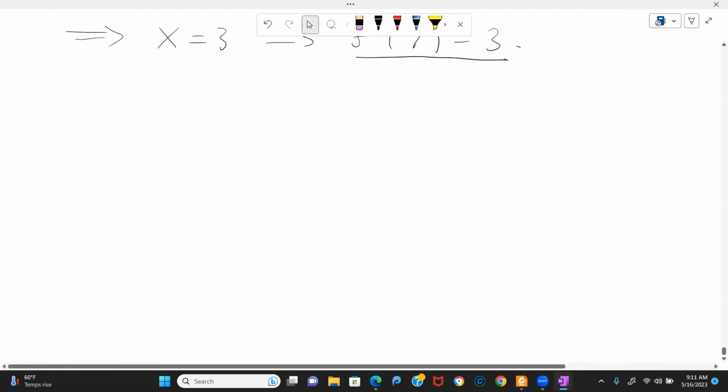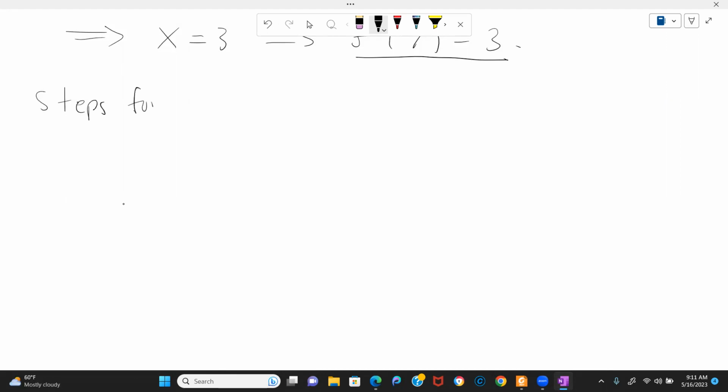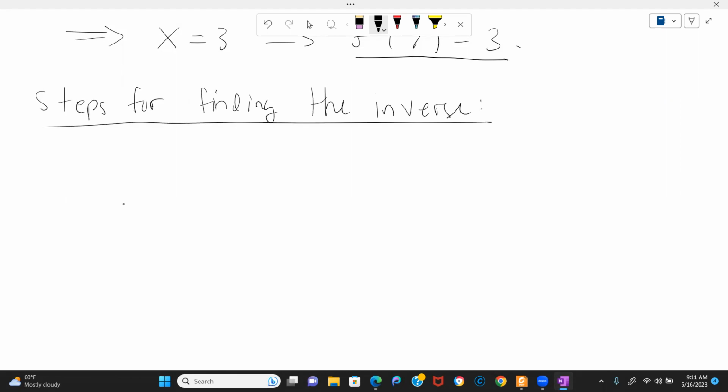All right, so now here are some steps. It's like an algorithm, really. Steps for finding the inverse of a function, and suppose you know that it's one to one. Step one: you're going to write or set y equal to your function.